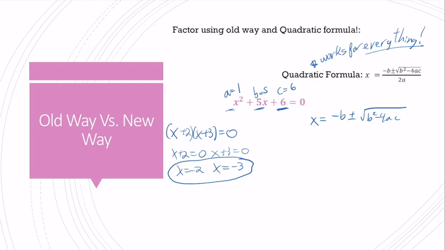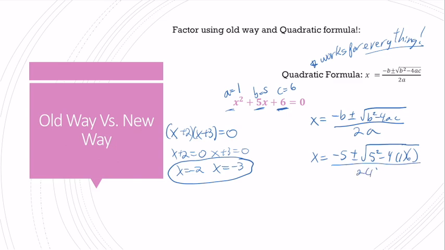I recommend writing this out anew every single time until you really have it memorized. So x is negative 5 plus or minus the square root of 5 squared minus 4 times 1 times 6, all over 2 times 1.